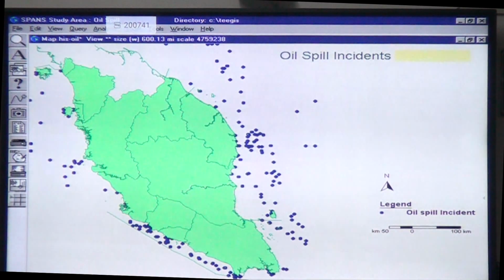Plenty. Here this part, not very far, it's about 40 kilometers. I think this is the nearest distance between Peninsula Malaysia and Sumatra Island. So this is just a narrow channel.